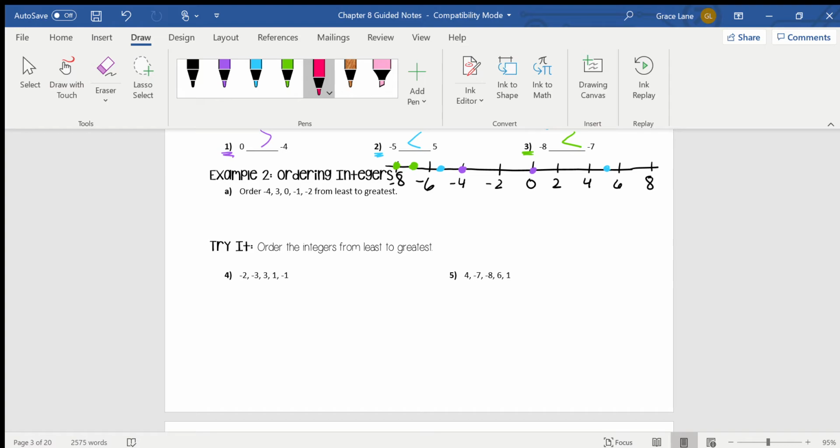And so the smallest, even though it doesn't look like the smallest, because typically 4 would be bigger than 3, but since we're in negatives, -4 is the smallest number.